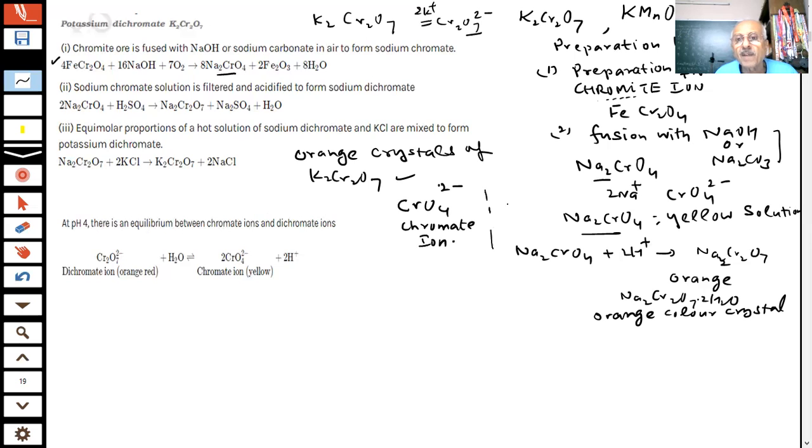And the other one I am talking about is Cr2O7 2 minus. This is our dichromate ion. Here there are two ions, dichromate ion and chromate ion. The color of the two is different. This is the important point.